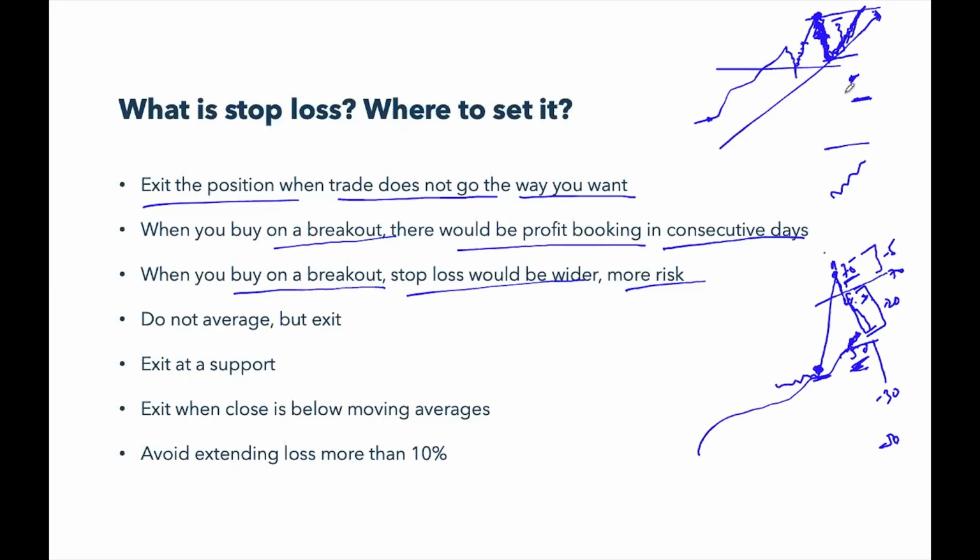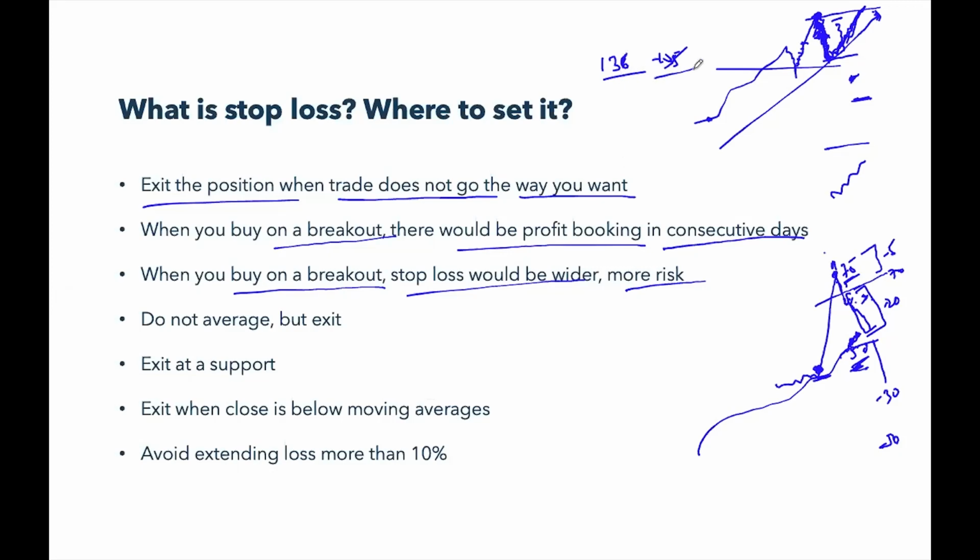In certain cases, my stop loss is very tight. Let's say I buy a stock at 136, so 135 will be my stop loss level. Because I'm buying on a breakout level, I have to be very careful because the downside would be very strong. So I'll buy at 136 and keep 135 as a stop loss level.